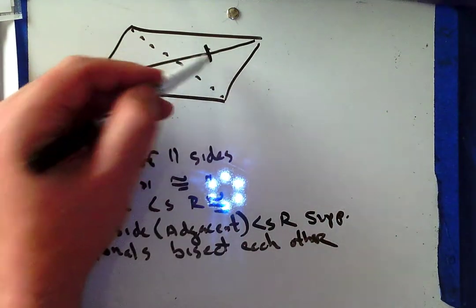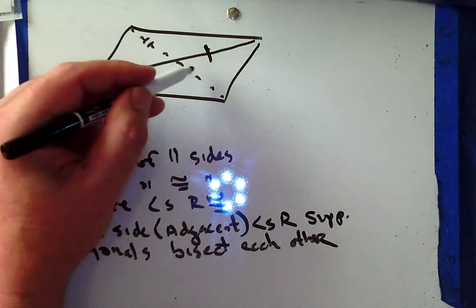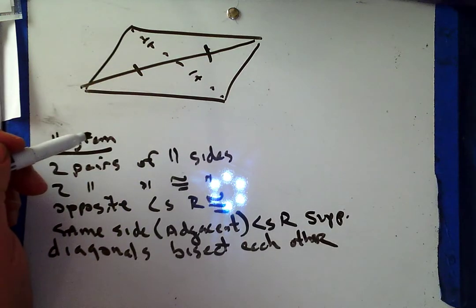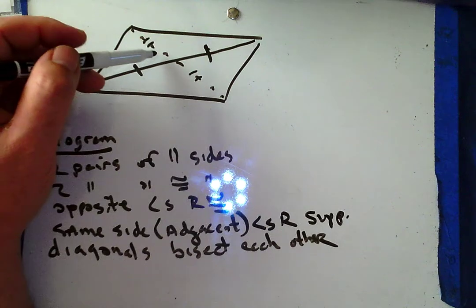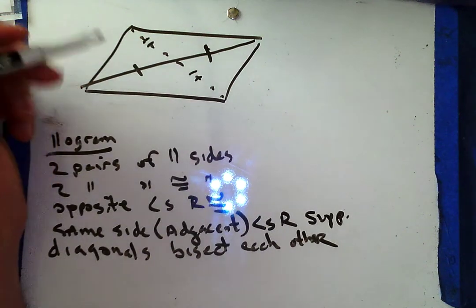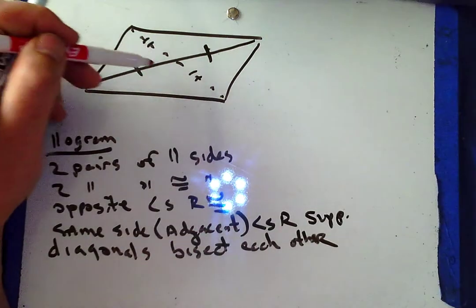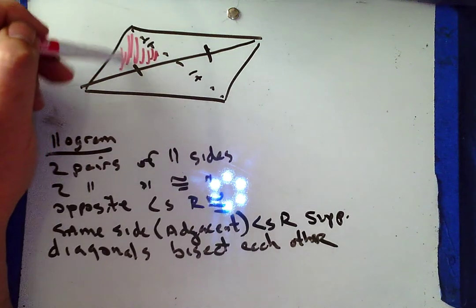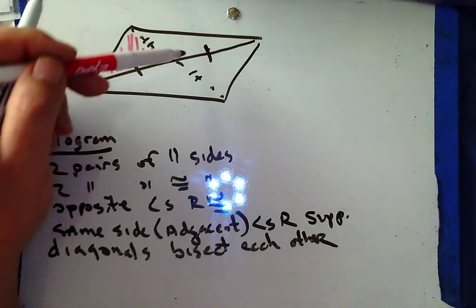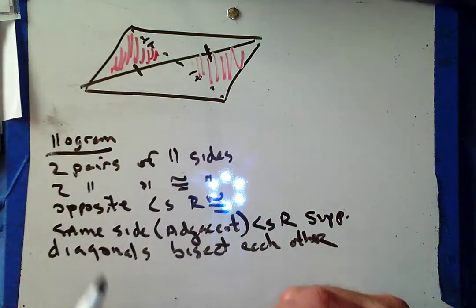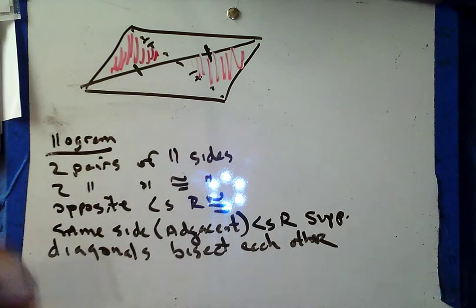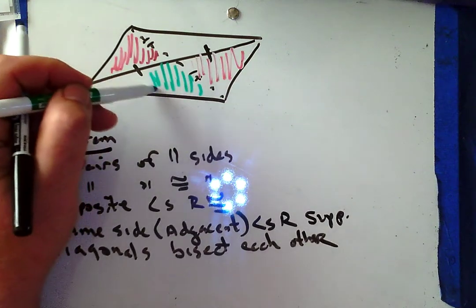So this and this are congruent, and this and this are congruent. And notice when we draw in these diagonals, we see lots of little triangles. We've got this one over here, and it's, by the way, congruent to this one over here. But we also have these here.